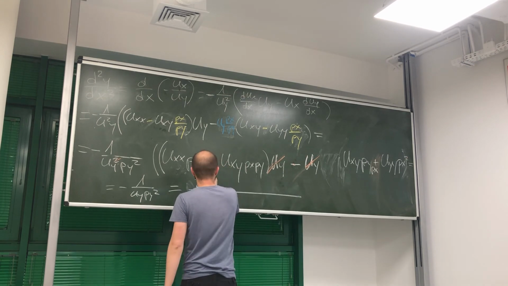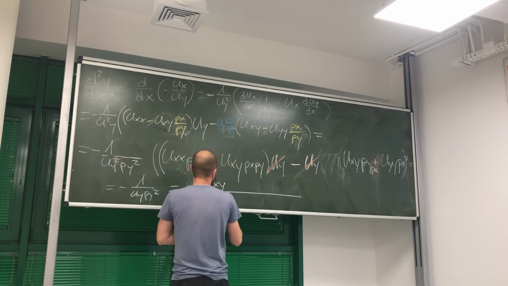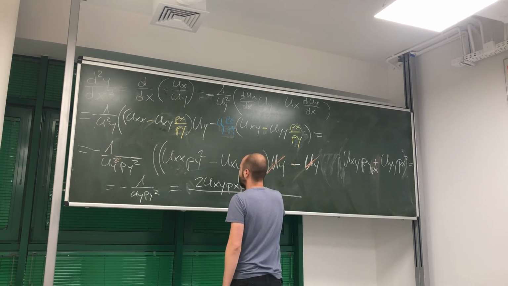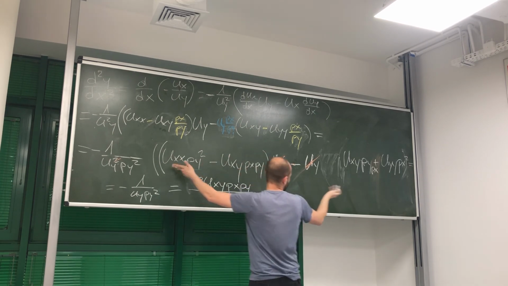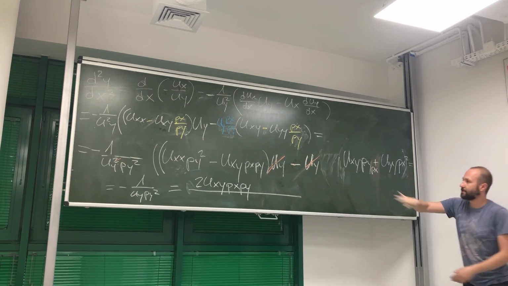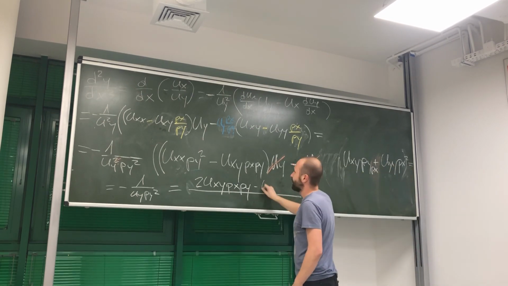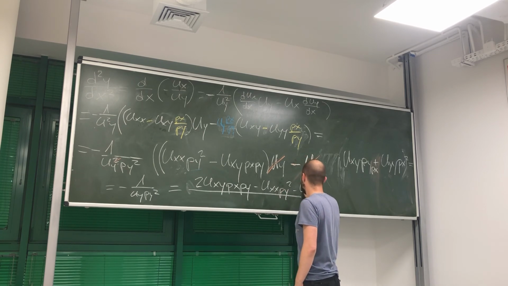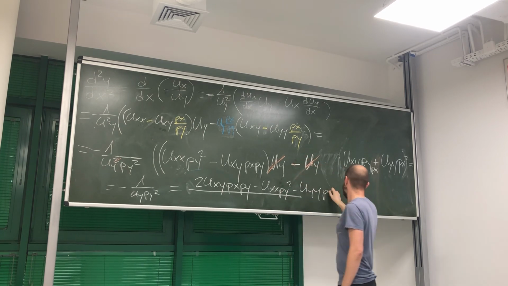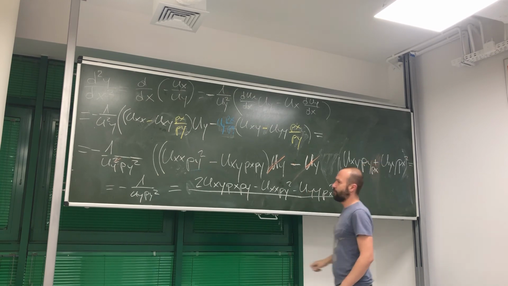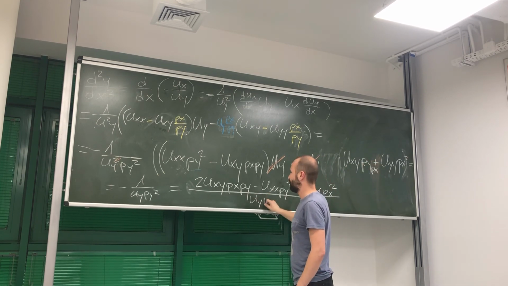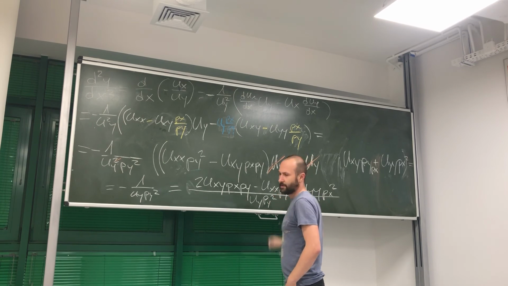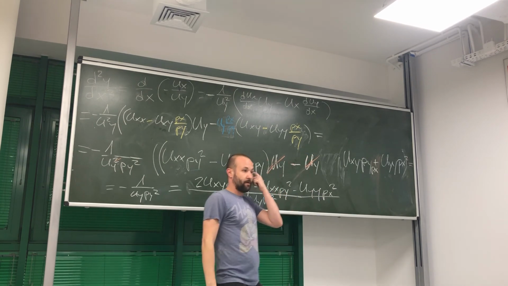So we've got 2uxy px py. Then we've got minus, because remember we changed the signs, so minus uxx py squared minus uyy px squared, over uy py squared.